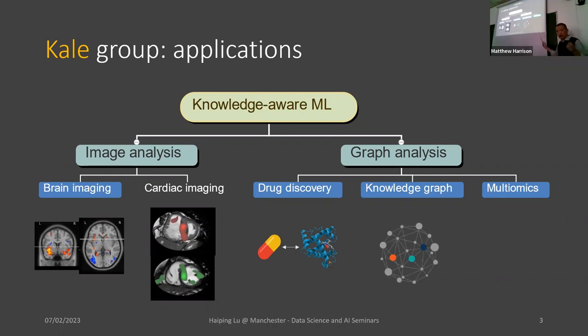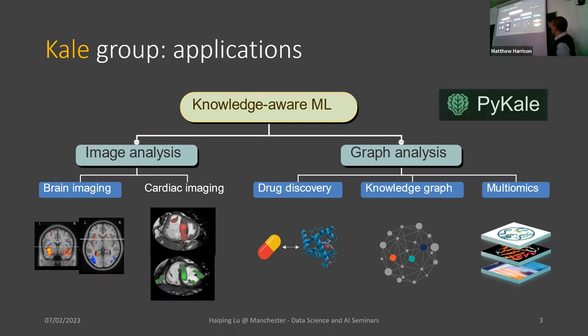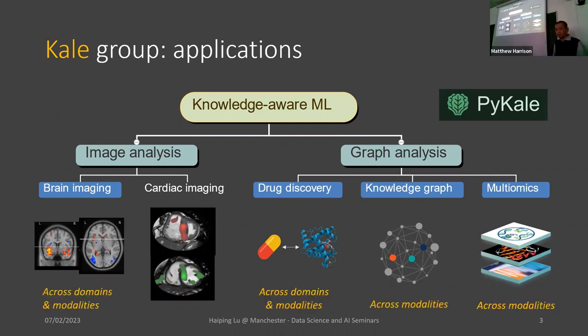And we work on knowledge graphs, right? We use knowledge graphs to model data and do prediction. And we also work on multiomics, how to integrate different kinds of multiomics data for prediction. And we also develop our Haiping library so that we can put all things under one umbrella. So today I'm going to talk about all of them except cardiac.